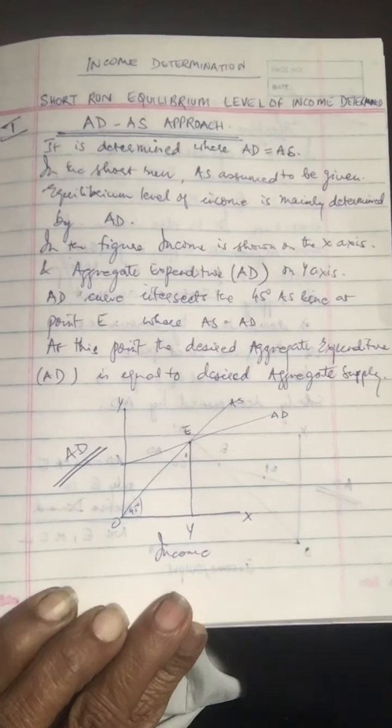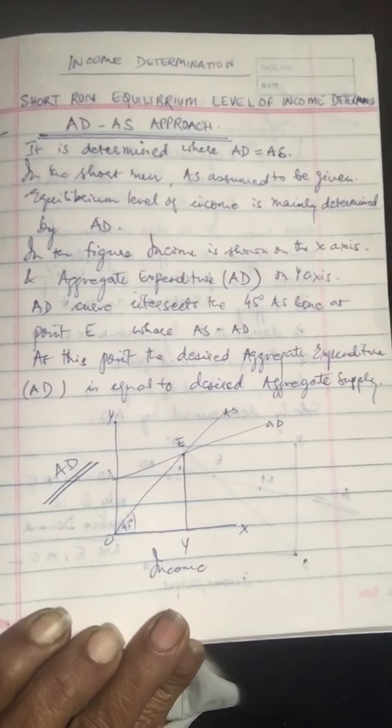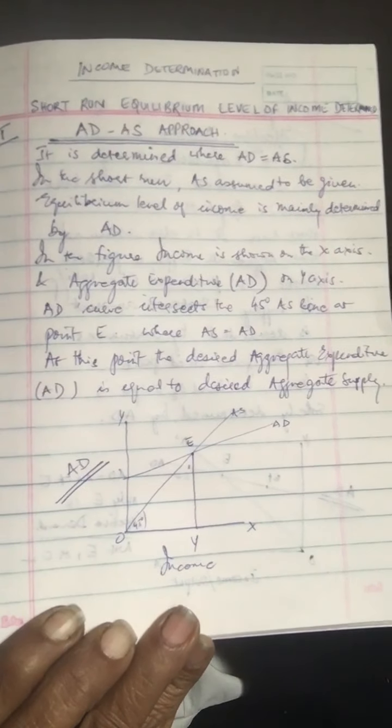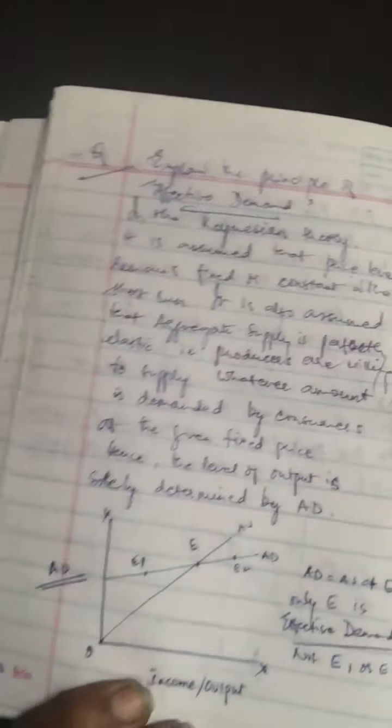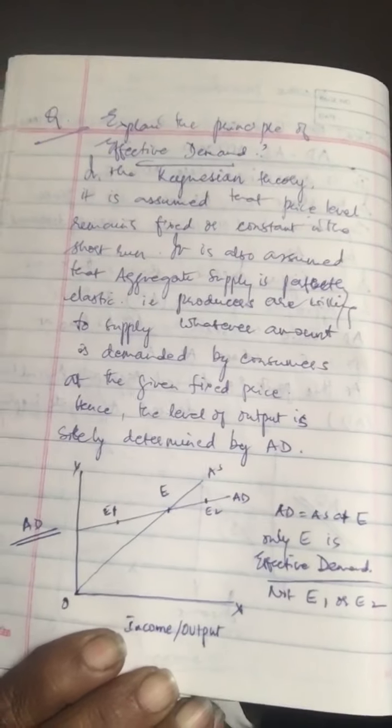We are going to do the effective demand also. What is effective demand? You can get a question, explain the principle of effective demand. We can do that in the Keynesian policy. Again, it's simple because you have seen what E is, where AD is equal to AS.